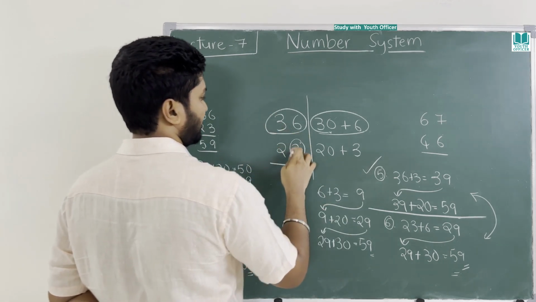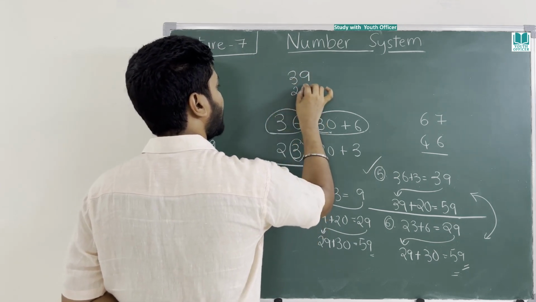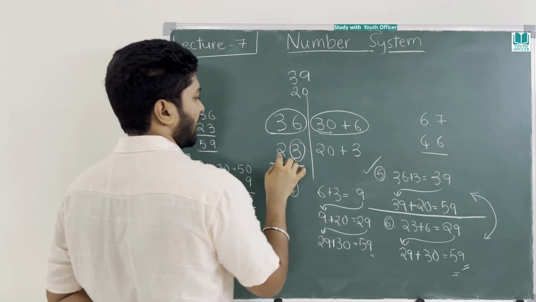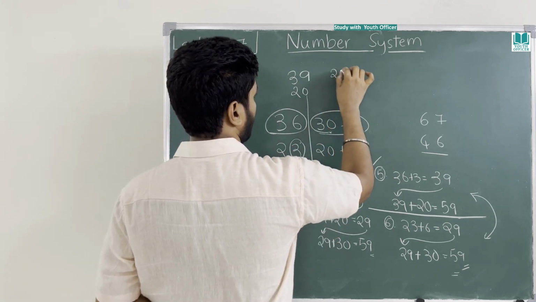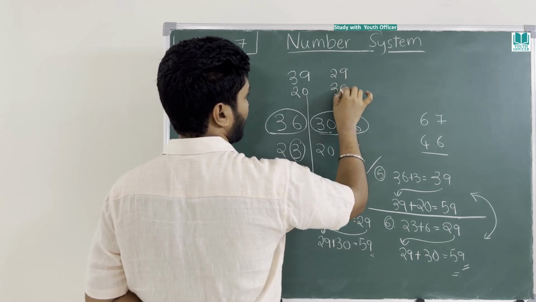See, 36 plus 3, 39. Only you have to add 20. This will become very easy. Otherwise, if you add 23 plus 6, 29, then you have to add a larger number.